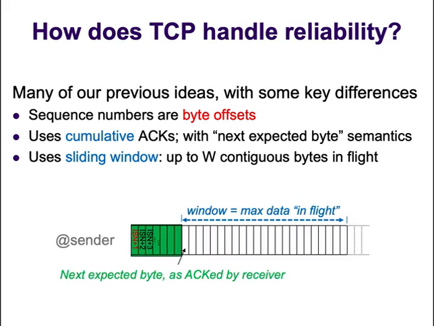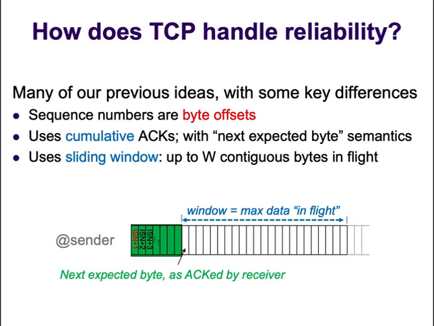Just to look at what that looks like at the sender, if you were keeping track of which bytes have been sent, in green here, when I get an acknowledgement that says this is my next expected byte, what that tells me is all bytes up to that point have been successfully transferred. So you can reclaim that buffer space.